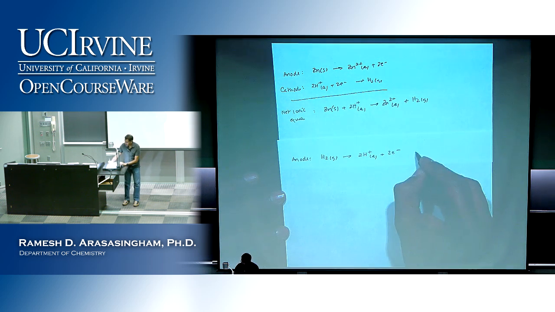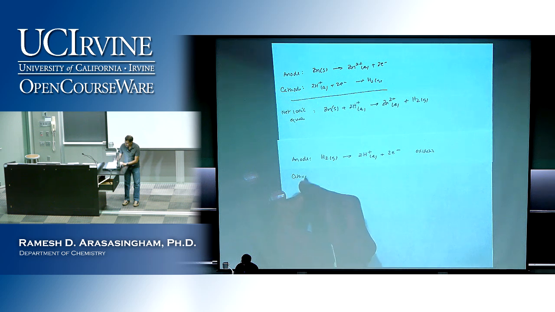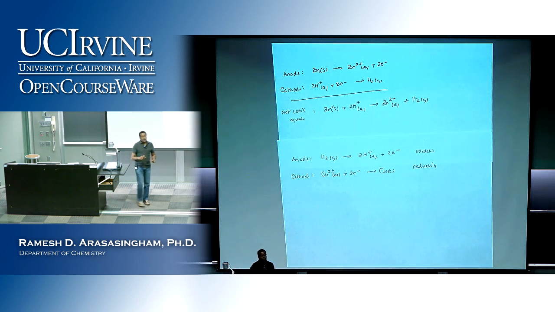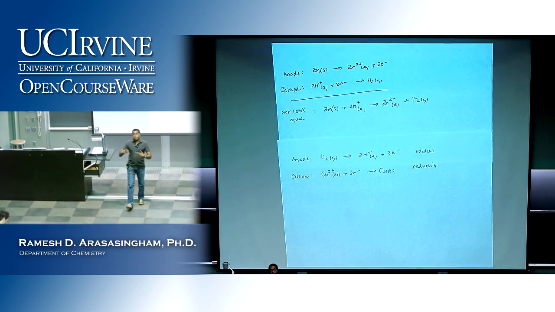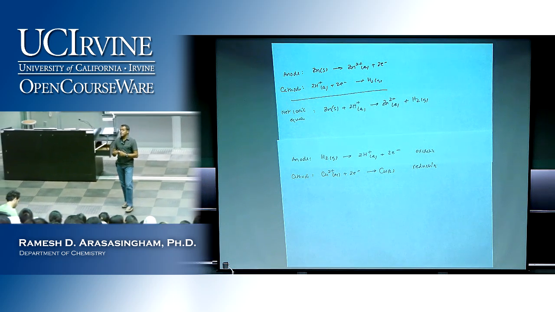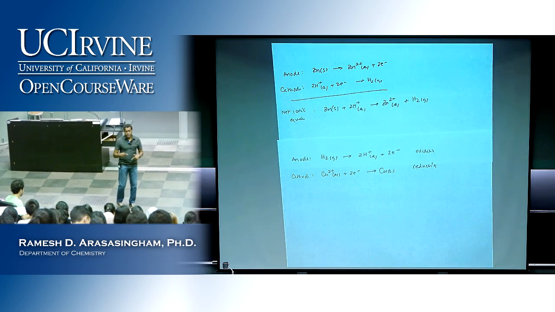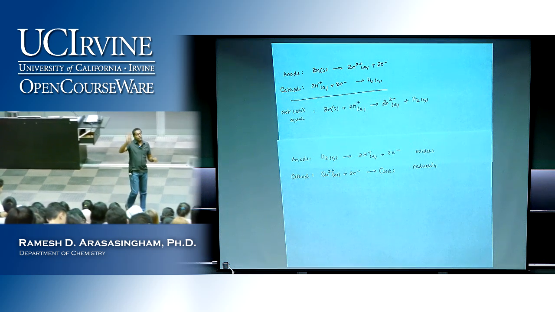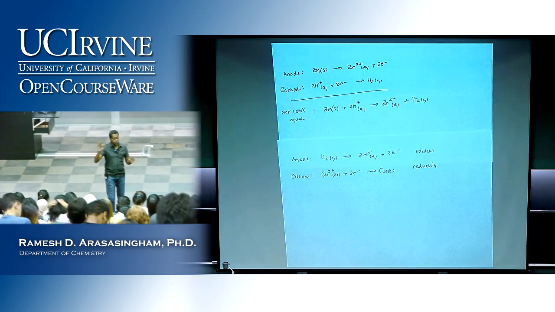This would be the oxidation. At the cathode, you would have copper 2 plus aqueous pick up the 2 electrons to give you copper solid. So this is the reduction. So now we've looked at an example where the hydrogen electrode is the anode and the copper electrode is the cathode. We took the Daniell cell and replaced half of it with the hydrogen electrode on either side.